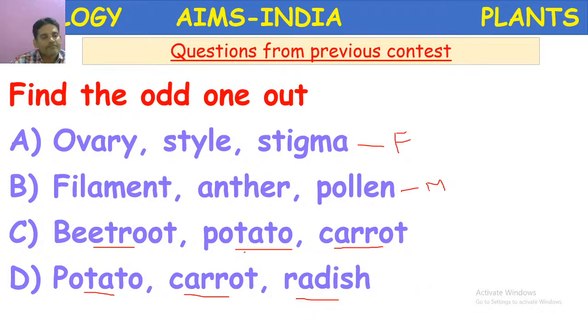So come on, select from these two. Which is the odd one? So potato, carrot is common. Here radish is given and here beetroot is given. So as in both options, stem is present. So root and stem are there. So here C and D.